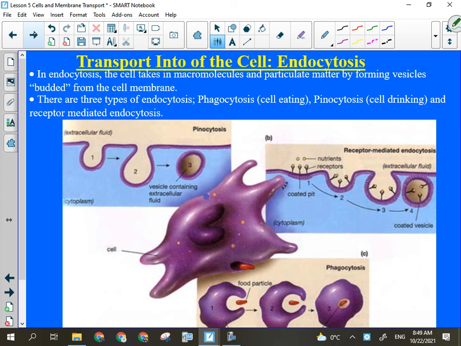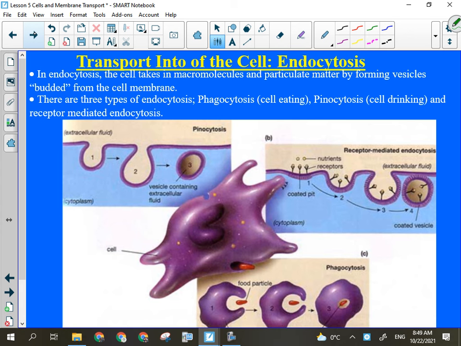This is how a cell takes in hormones and other chemical messengers from the body, because those molecules are too big to just go through the membrane and have to be engulfed. The process is the same regardless of which type of endocytosis.